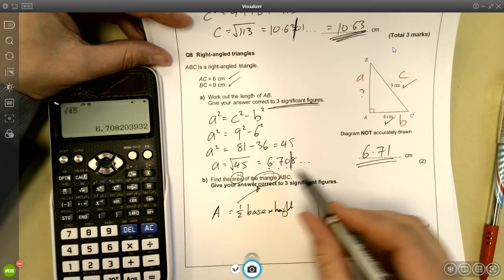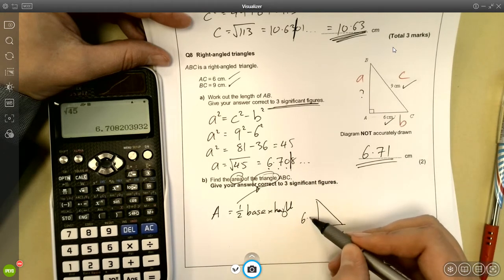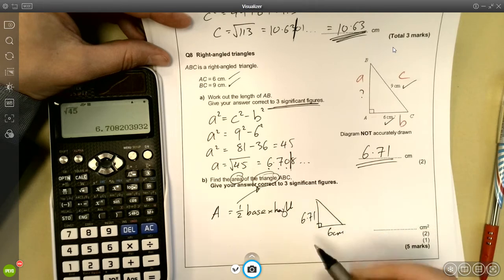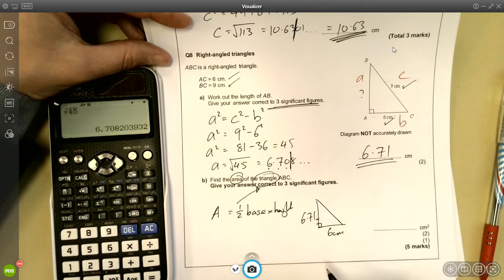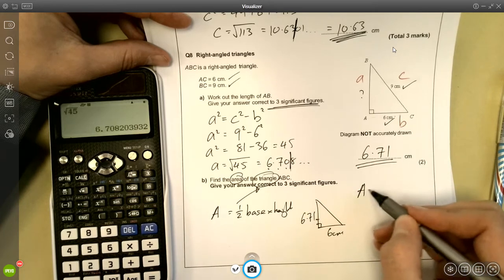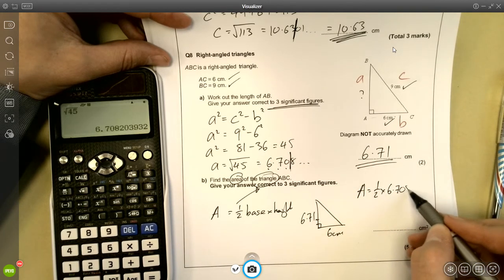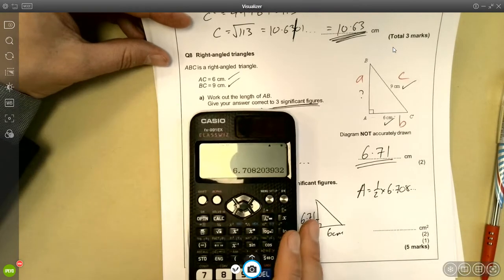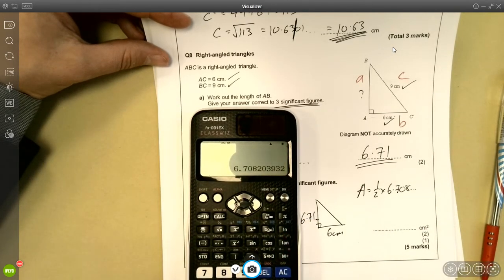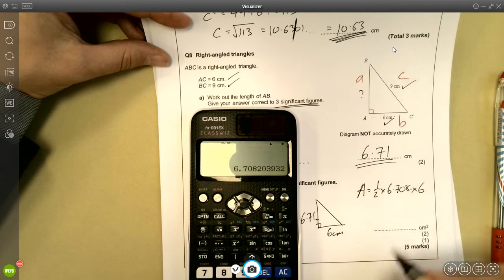The height is the one we've just found out, 6.71, etc. That's rounded, so we've got to be careful. So the area must be half times by 6.708, etc. Don't round it off, I've kept it in my calculator, look. Times by the base, which is 6.